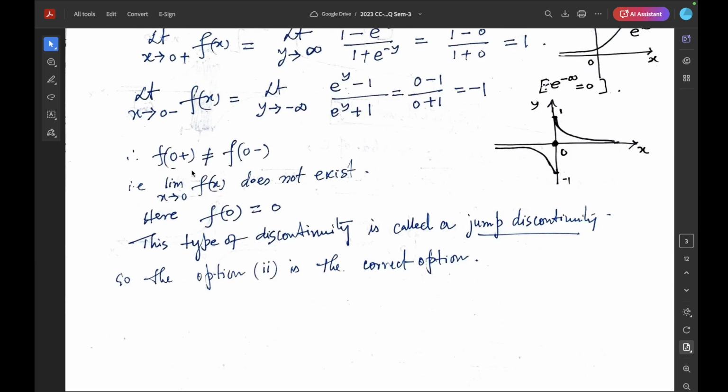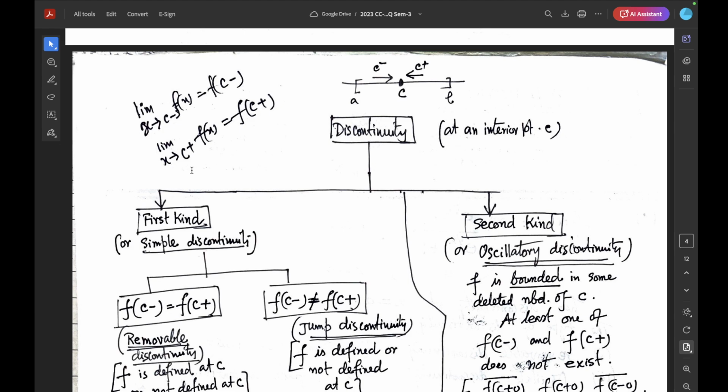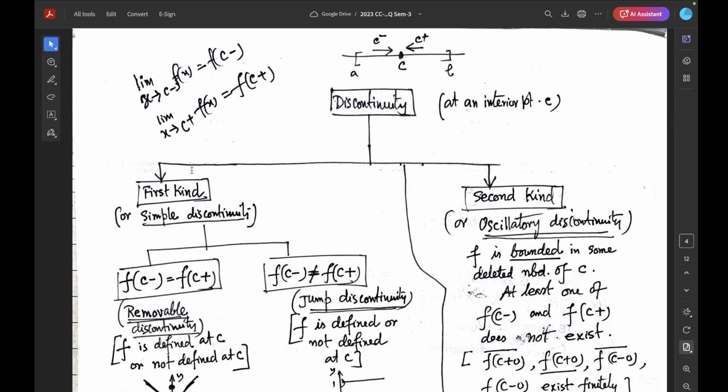Now we shortly discuss the different types of discontinuity at an interior point C. Here f is a real valued function defined on an interval AB, and C is an intermediate point, and we use the notation limit x tends to C minus, this f of c minus, and limit x tends to C plus, f of c plus.